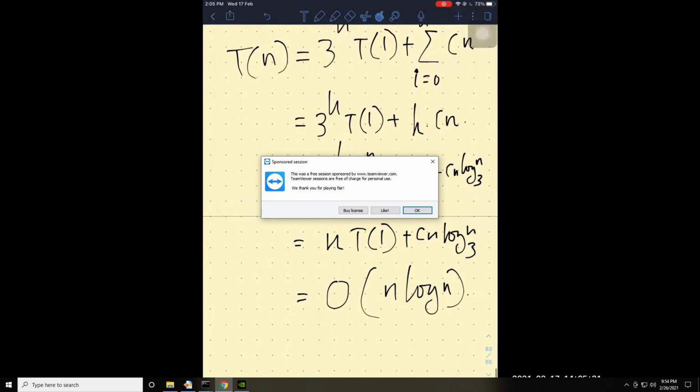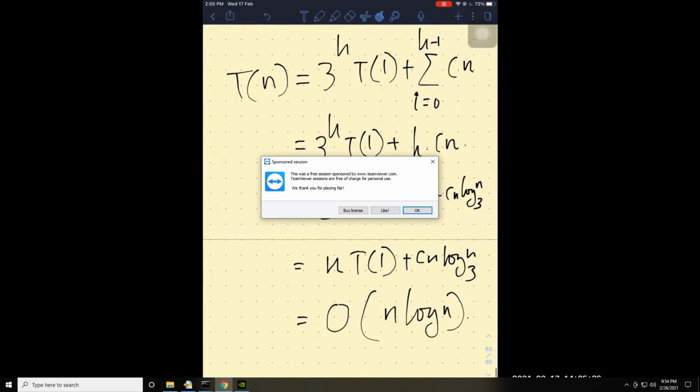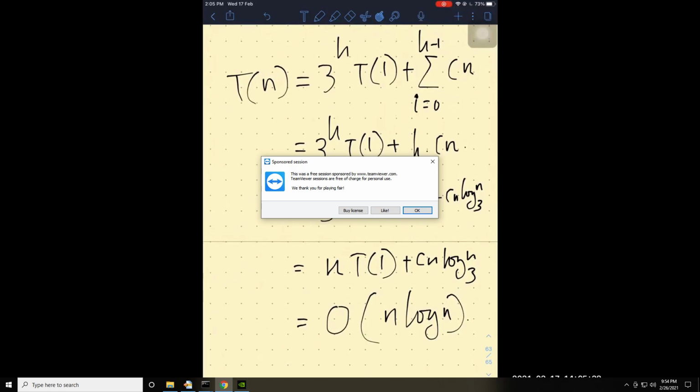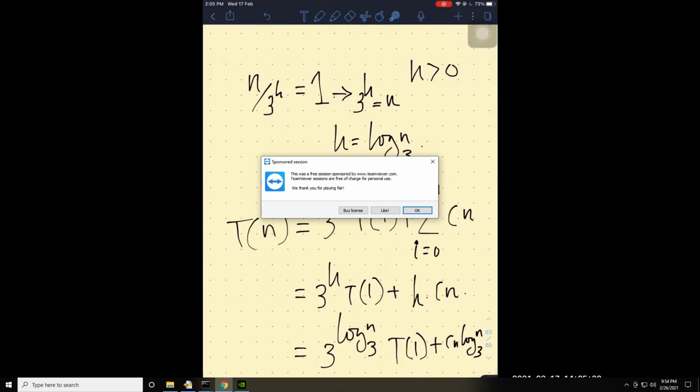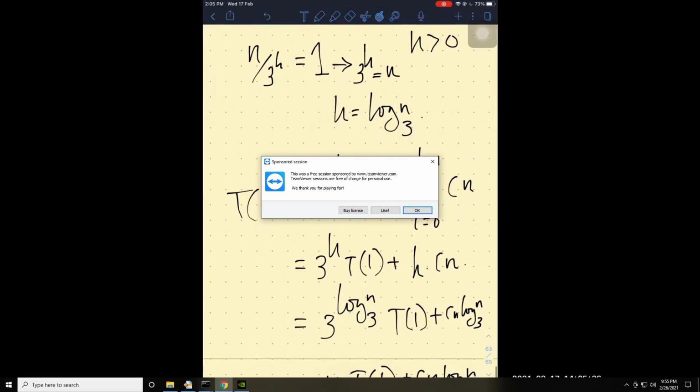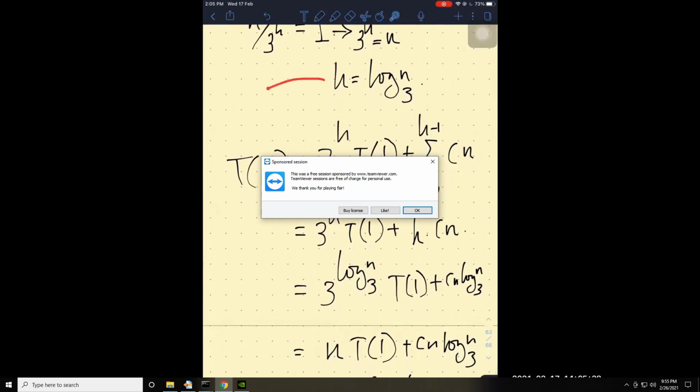How did you get the 3 to the log of n? Yeah, we replace this h. You remember we assumed that n is 1. Oh, I'm sorry. Yes. Okay. So just by replacing that here, we get this part.